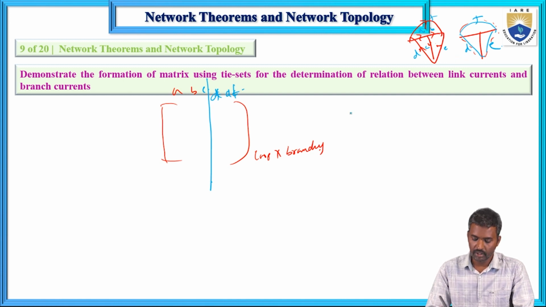So now here the link currents we can calculate. Here are the loop currents I1, I2 and I3. These are the link currents. So from this you can determine the link currents and branch currents.